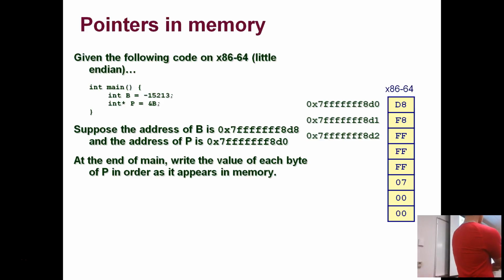And then it got set to the address of b. And so it's going to store this quantity at that location. And because it's little endian, it's going to store it going from the least significant byte of b all the way up to the most significant byte. So this is where you get D8, F8, FF, 07. Okay.